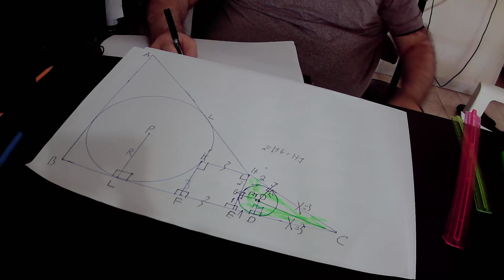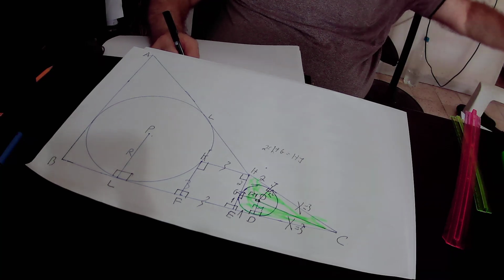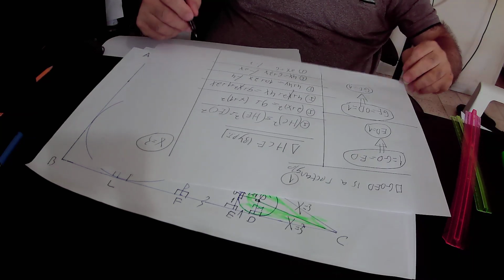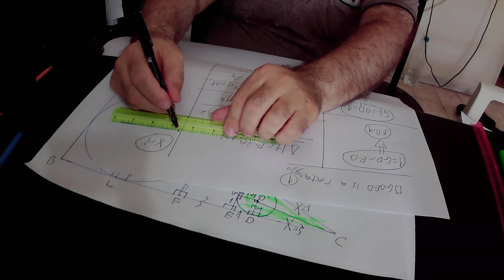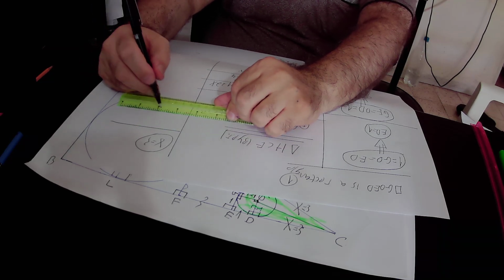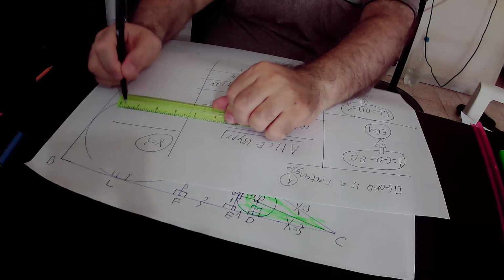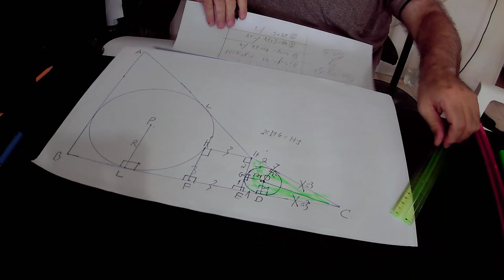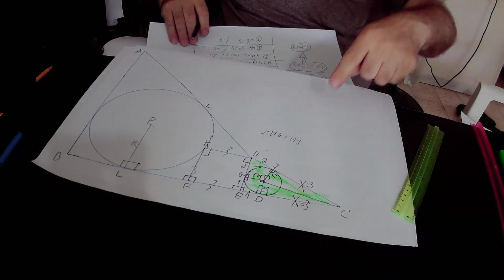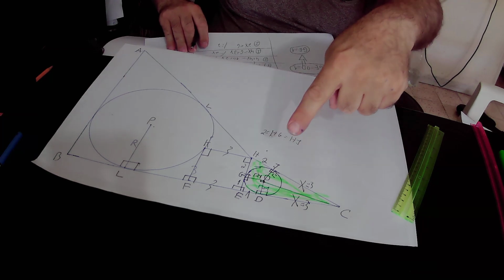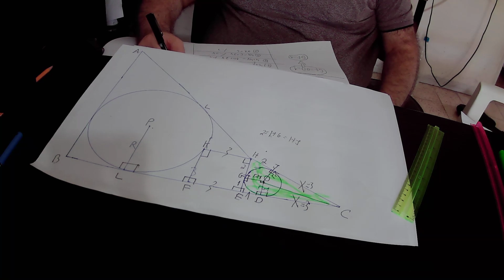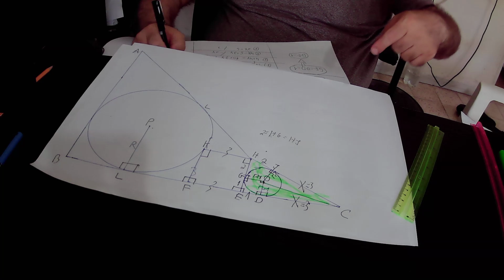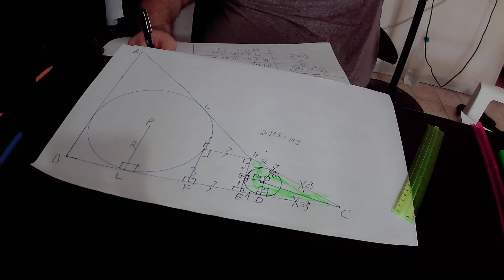So I write it down. We prove that the right triangle JOC is congruent to the right triangle ODC.